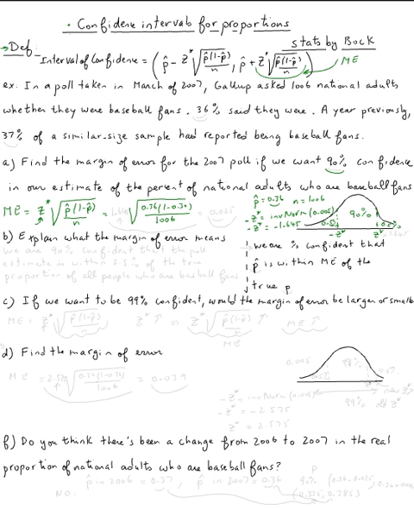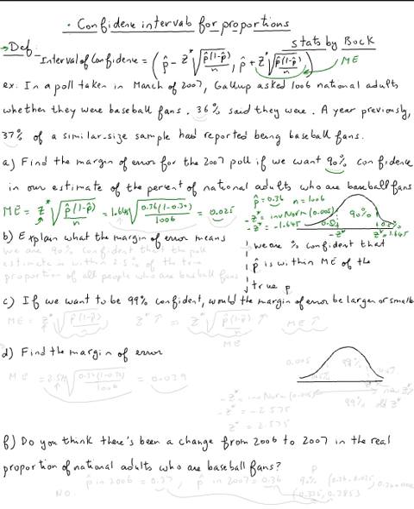So z star is 1.645. You have to use a calculator. If you do so, your margin of error will be 0.025. Done with this problem.